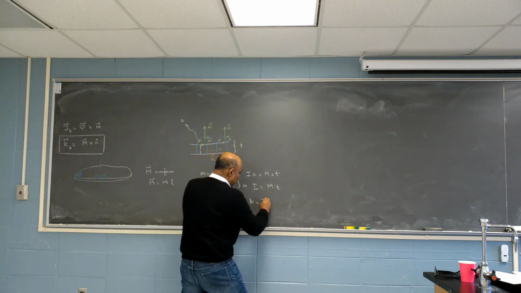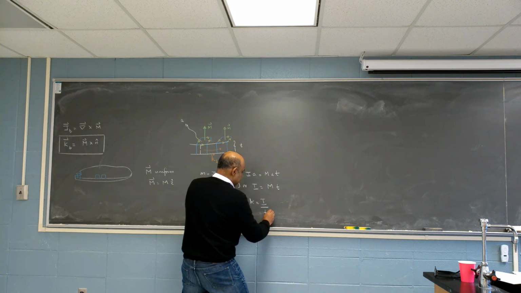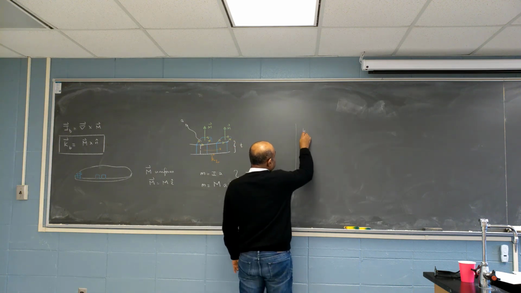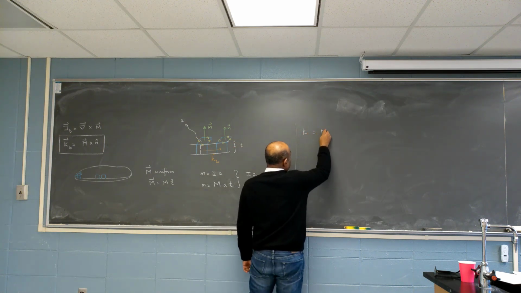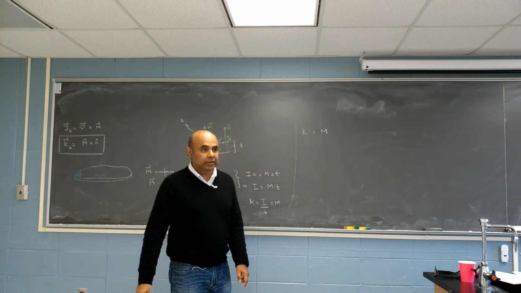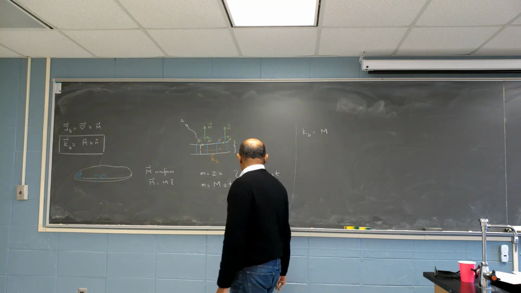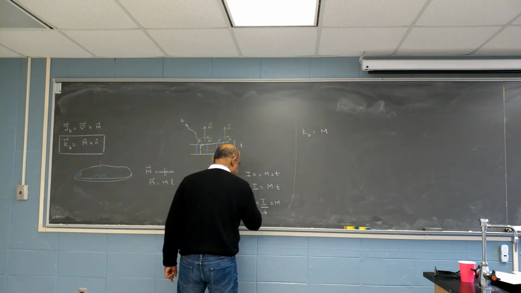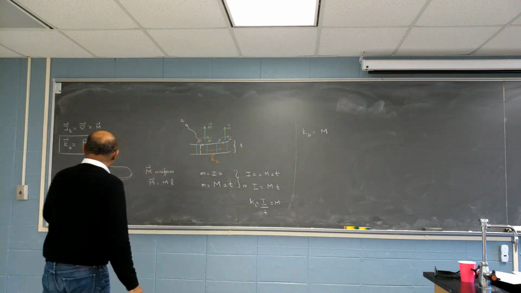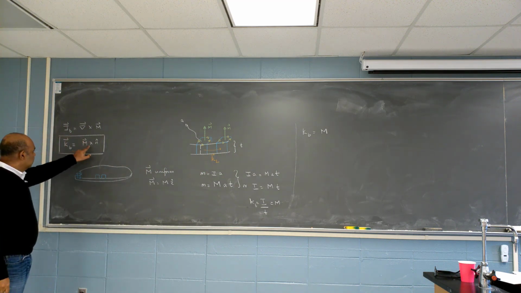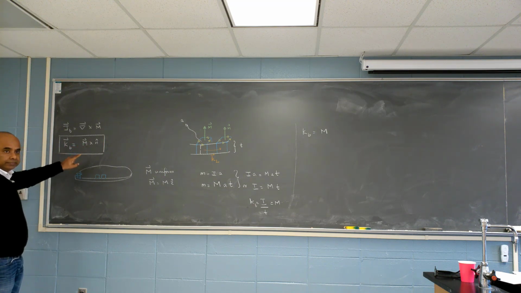It is I over T, which is exactly M. So K has a magnitude of M on the boundary. KB, I should say, has a magnitude. I should use KB. And that's great, because this seems to suggest that as well.